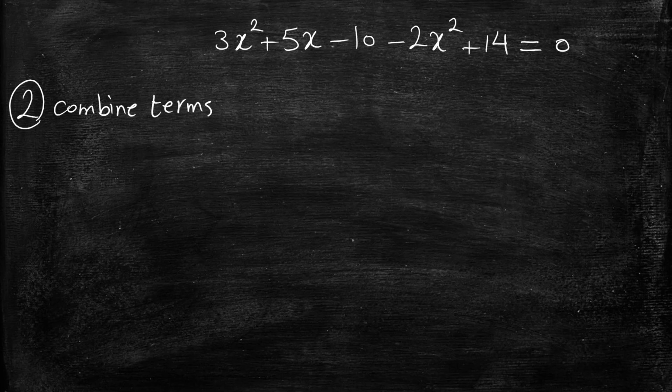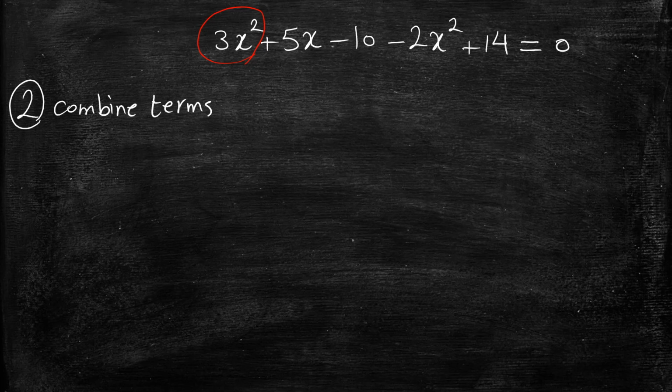That means the terms that can be combined together, combine them. So what terms can be combined together? Terms that are of the same nature. For example, 3x squared is one term.